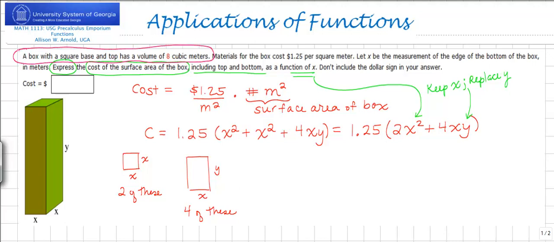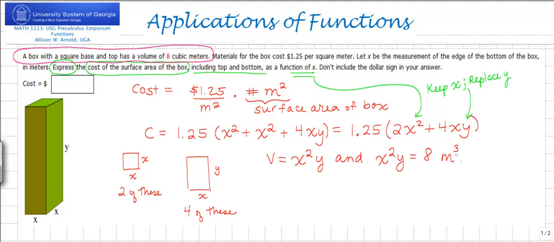And the volume of a rectangular box is the area of its base, which is x squared, times its height. So we know that x squared times y is a total of 8 cubic meters.